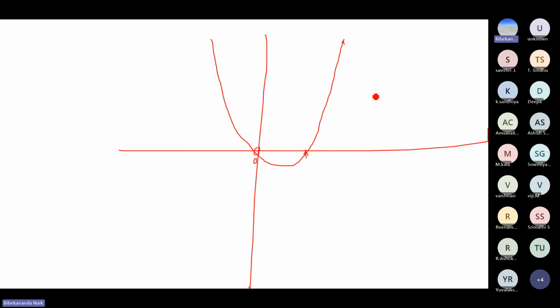This is the curve of y equal to x into x minus 1. So this is the x axis and this is the y axis. And this point is x equal to half and y equal to minus 1 by 4. So it is lying in quadrant 4.